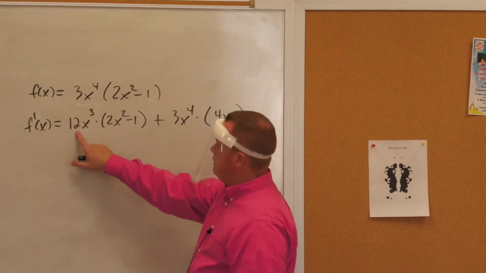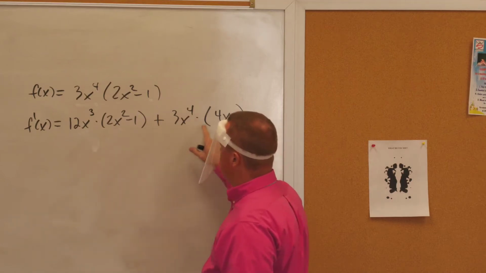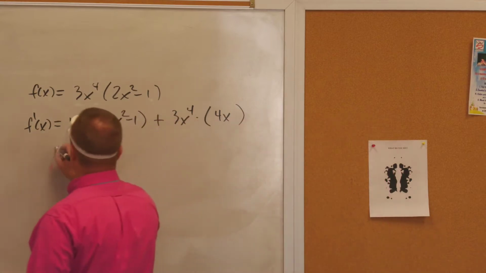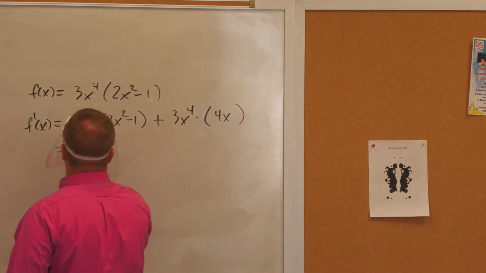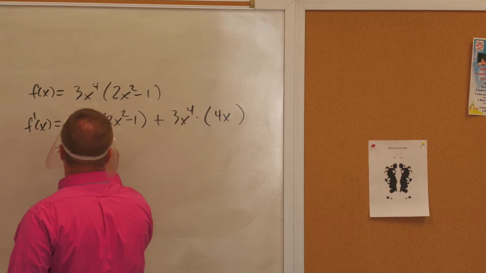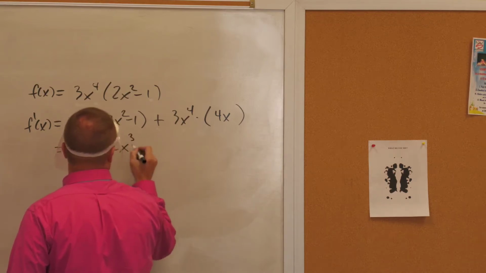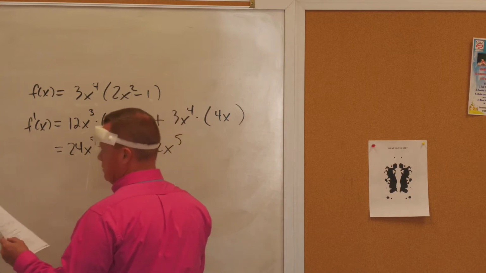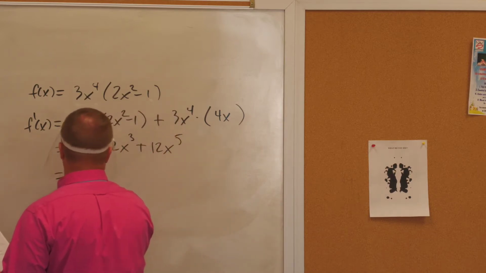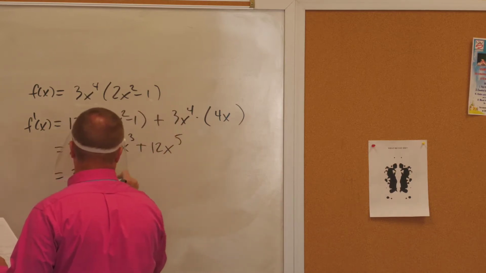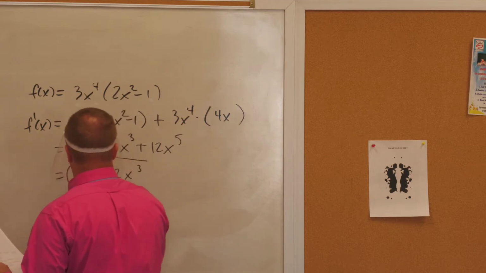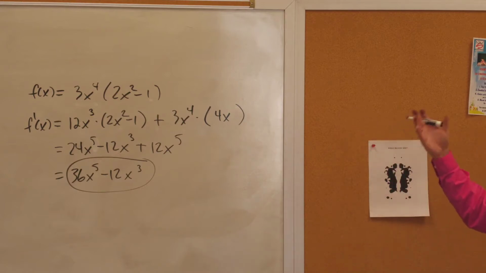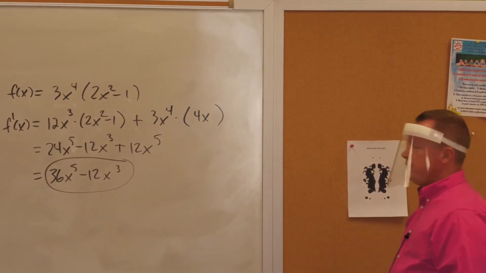So derivative of the first times the second plus the first times the derivative of the second. Simplify it. 24x to the fifth minus 12x cubed plus 12x to the fifth. So we end up with 36x to the fifth minus 12x cubed. Now, if you took that and multiplied out and did the derivative, you should get the same thing.